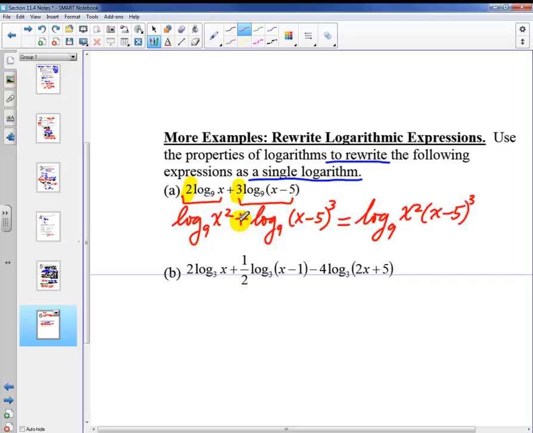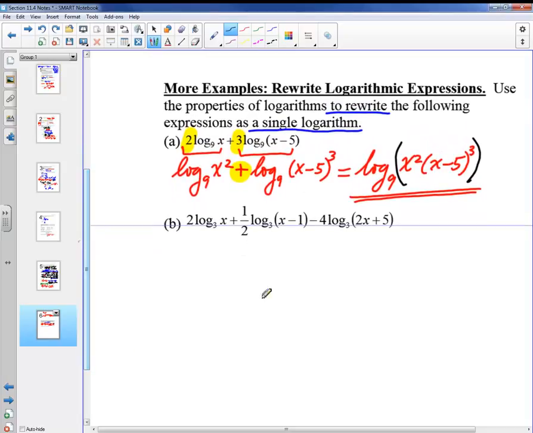And in algebraic expressions like that, there's no need for parentheses for the whole thing, but if you feel more comfortable putting parentheses right there, that will be okay. So when we're doing this process in reverse, it looks like taking care of the coefficients and changing them into powers is what we do first.